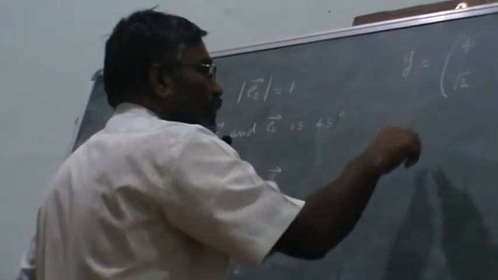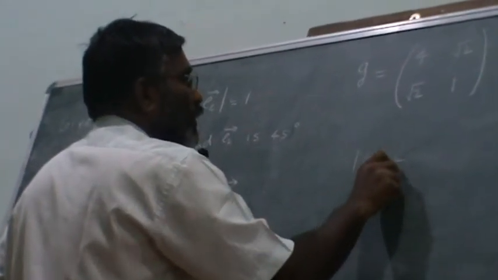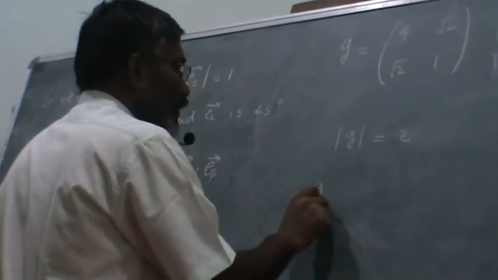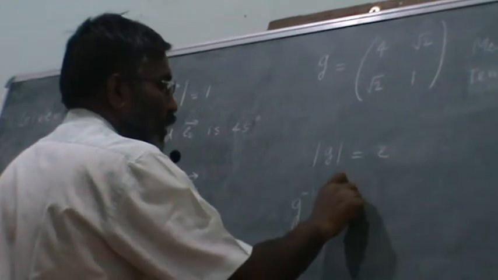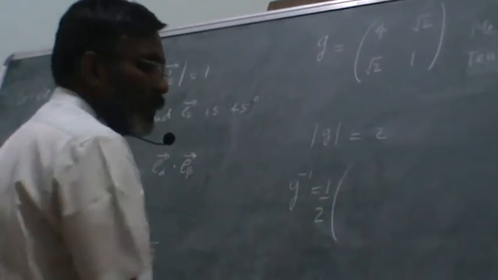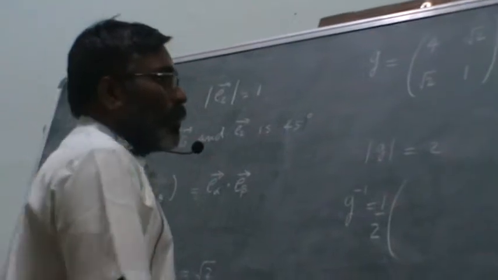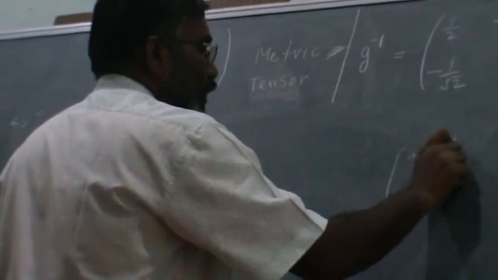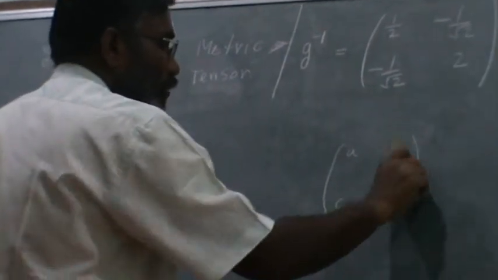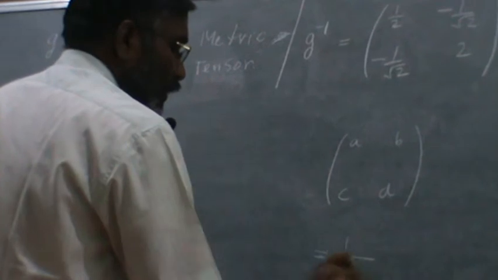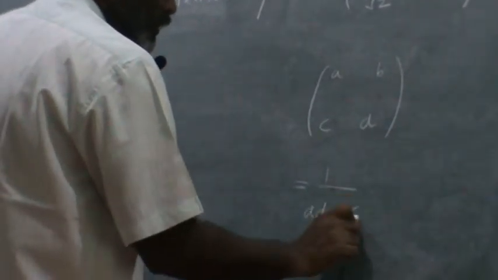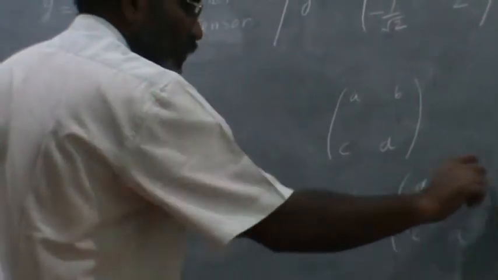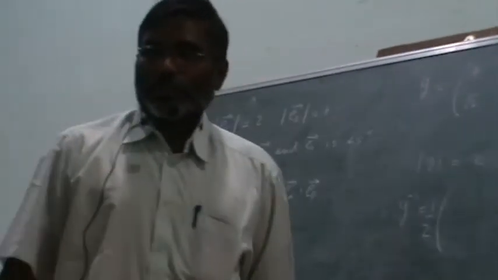The determinant of G is 2, and the inverse of this matrix is 1 by the determinant times, how do you write it? If you have a matrix A, B, C, D, at least for a 2 by 2 matrix, it is very easy to write: 1 by AD minus BC, that is the determinant, times D, A, minus B, minus C, correct? That's the inverse of this matrix.